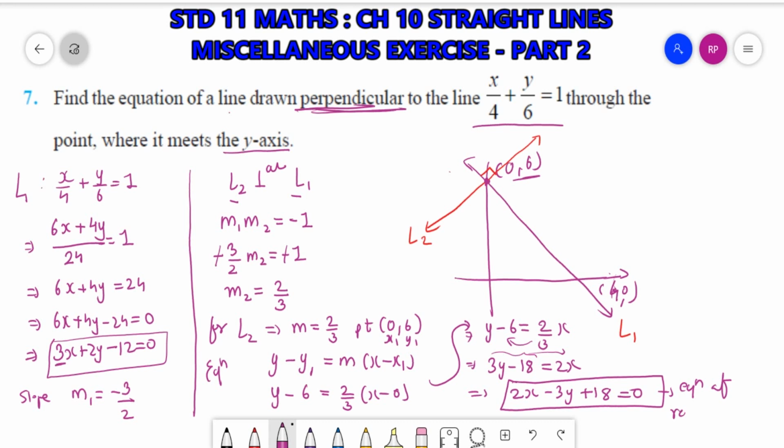Equation of the required line means the equation of the line perpendicular to L1 and passing through (0, 6). This was about question number 7.